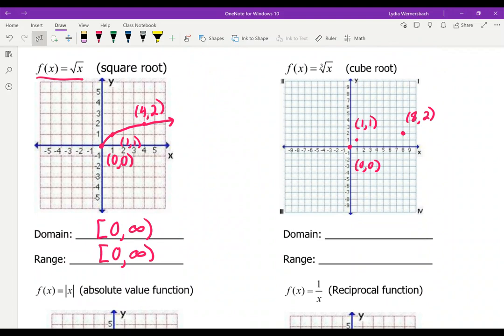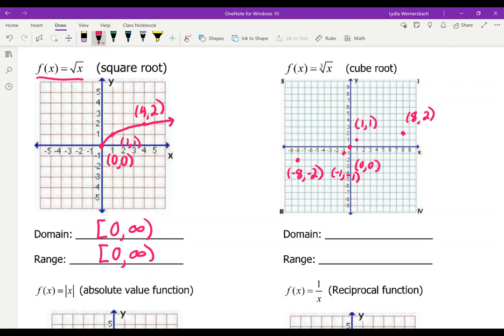So again, this one does go in the other direction because we actually can take a cube root of a negative number. The cube root of -1 is -1. And the cube root of -8 is -2.